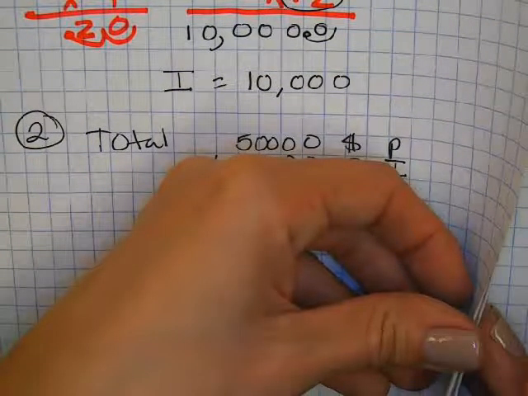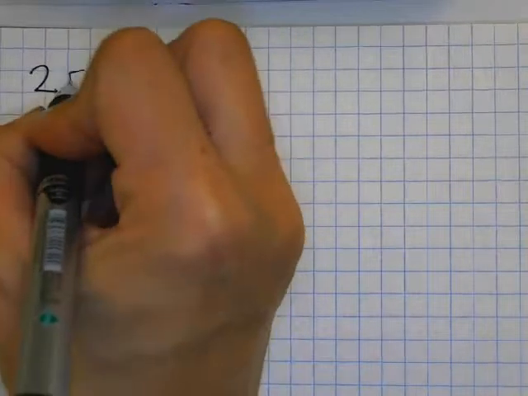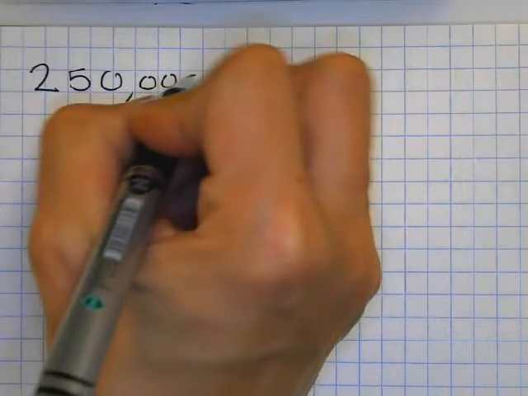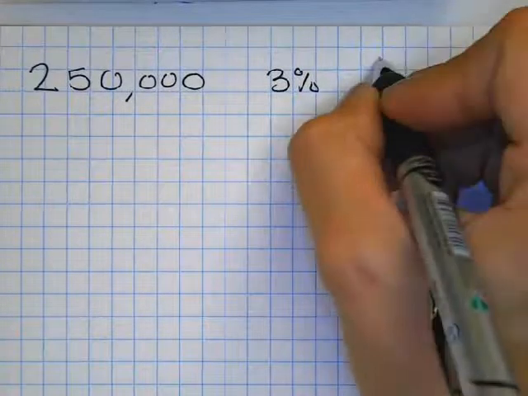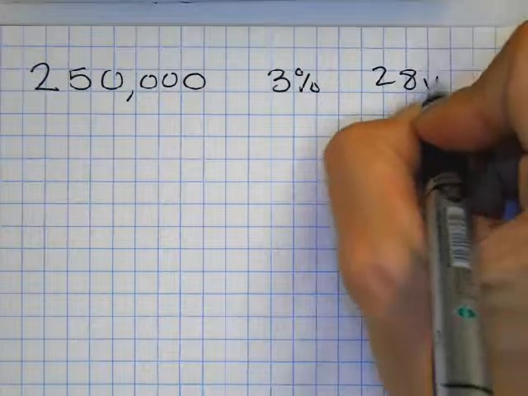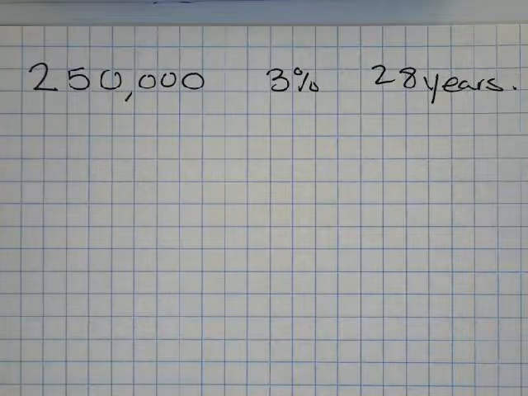So the one on your quiz was you borrowed $250,000 at an interest rate of 3% for 28 years, right? It doesn't hurt to do it again.